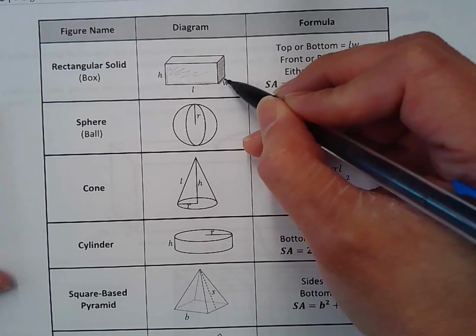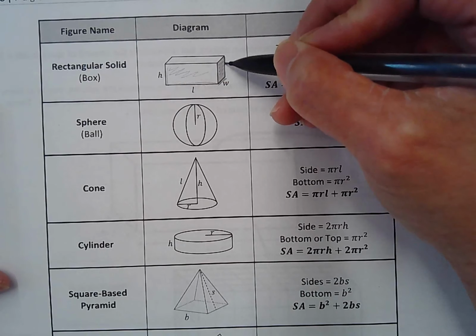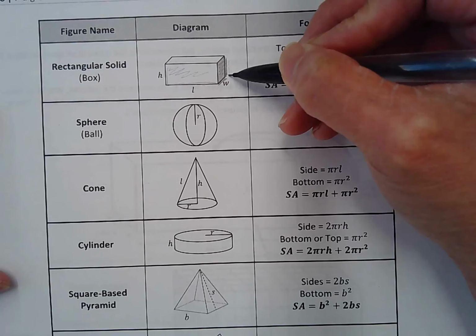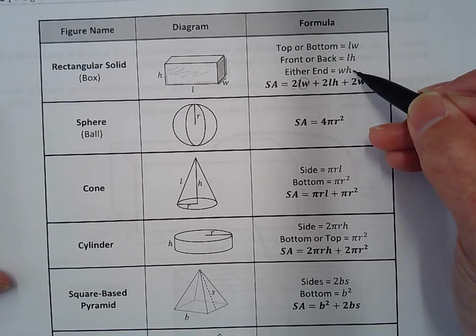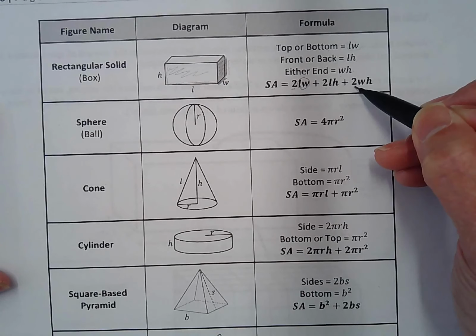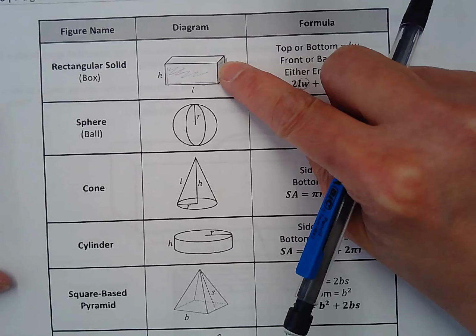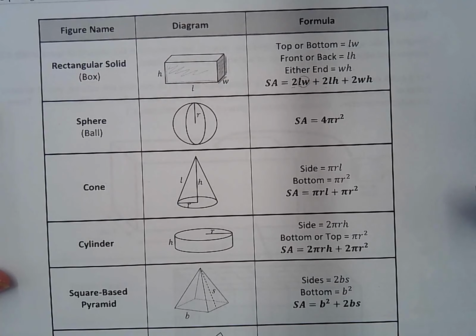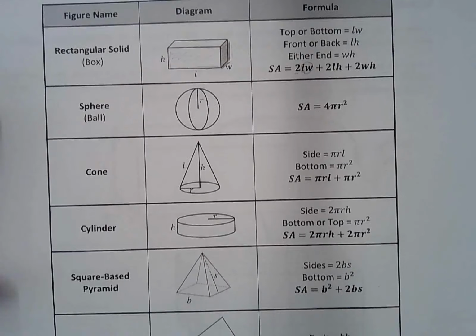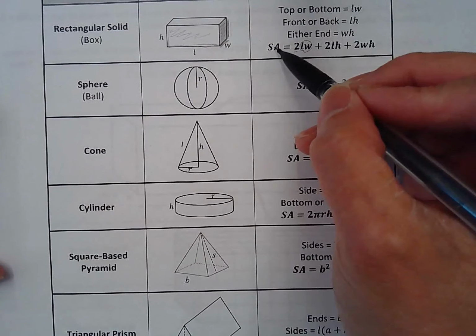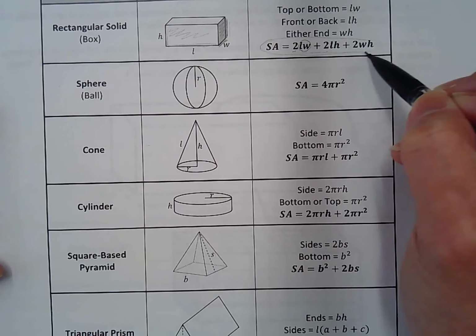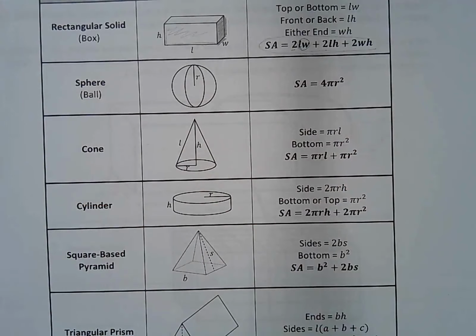What's this one? Width times the height. And then it's again times 2 because the left and right sides are exactly the same. Okay. So this whole thing is the formula for surface area of the whole rectangular prism.